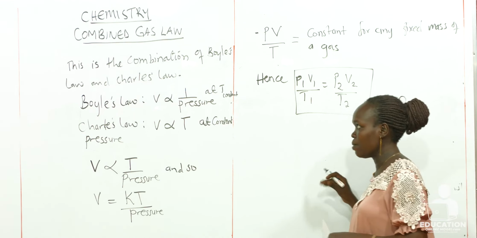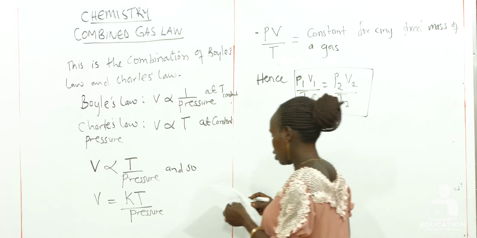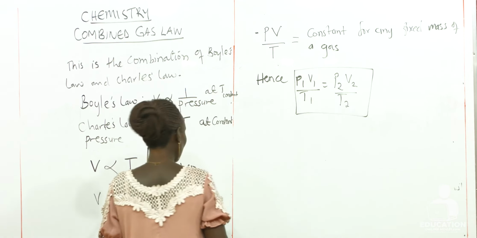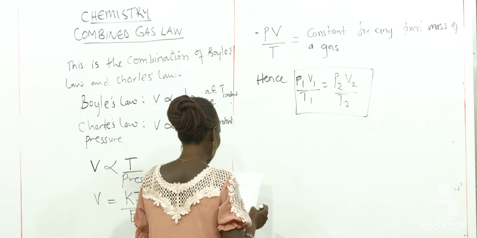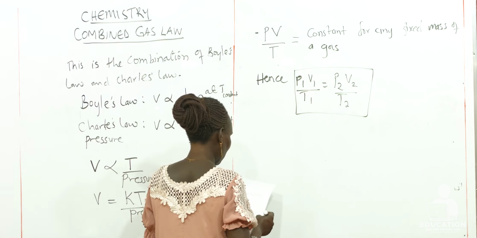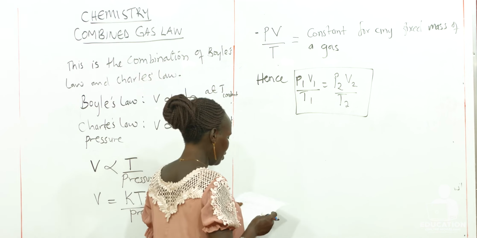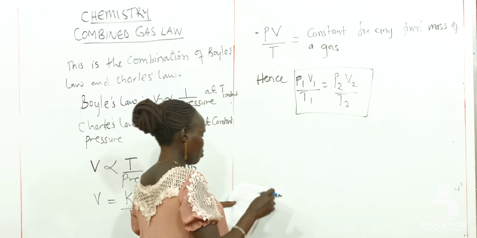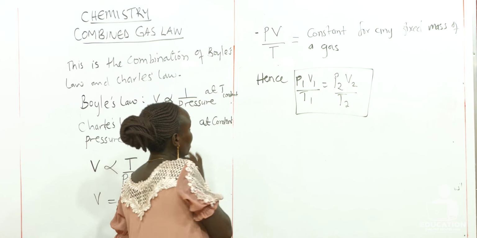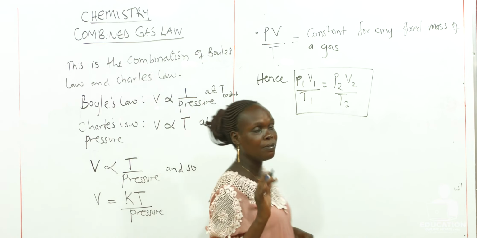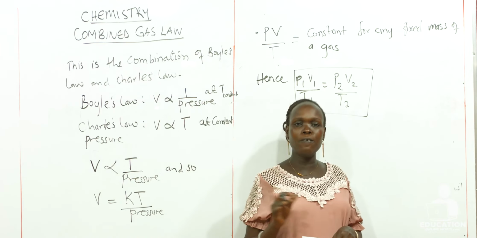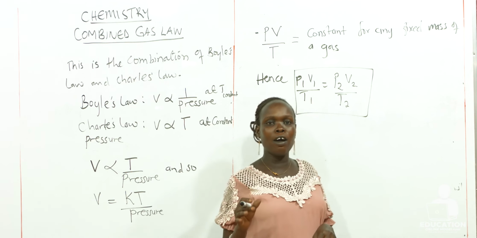This is very important when we are calculating volumes under two sets of conditions. This equation is useful in calculating the volume of a fixed mass of any dry gas.